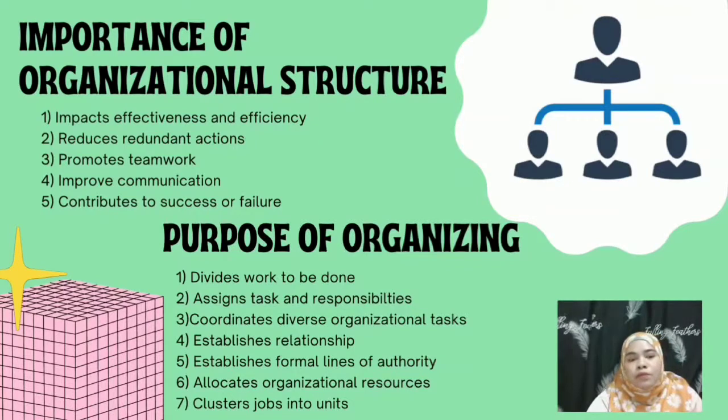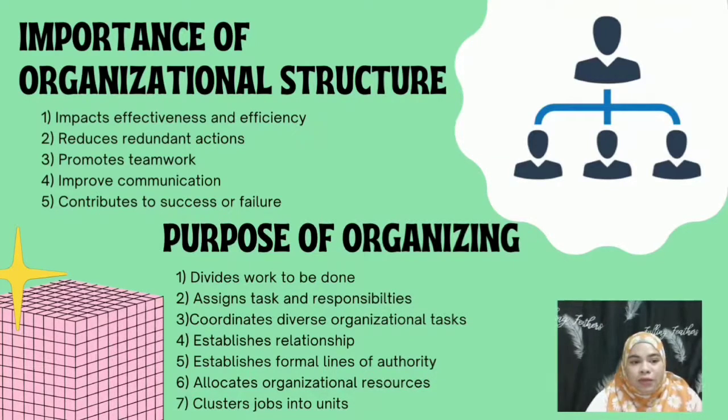Next is about the purpose of organizing. So the first one is divide work to be done, which is in a specific job and department. Next is assign tasks and responsibility associated with individual jobs. The third one is coordinate diverse organizational tasks.